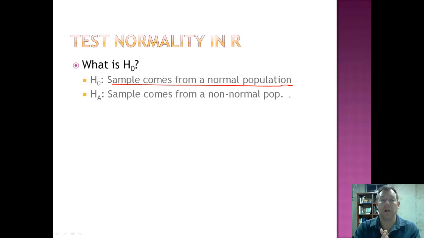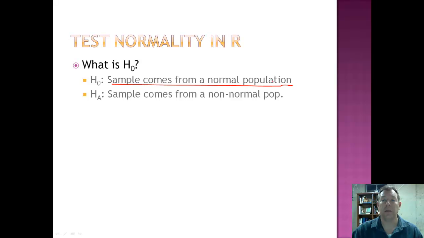And so the null is that the sample comes from a normal population. Remember that these stats are done on samples, which we infer to populations. So again, remember that we assume that the null is true. So we always are going to start out by assuming that we are working with a normal population. All right? Of course, the alternate then is that the sample comes from a non-normal population, mutually exclusive.